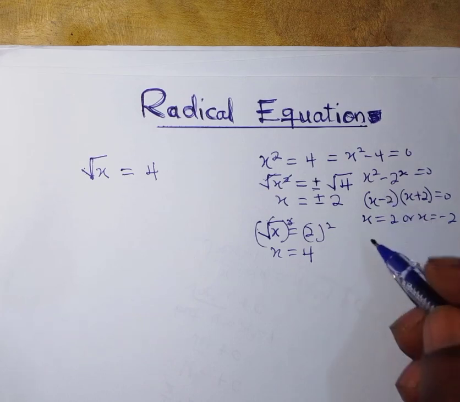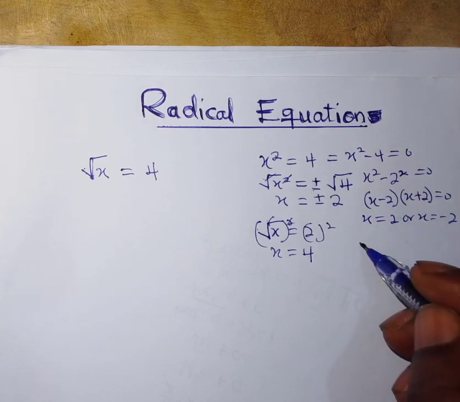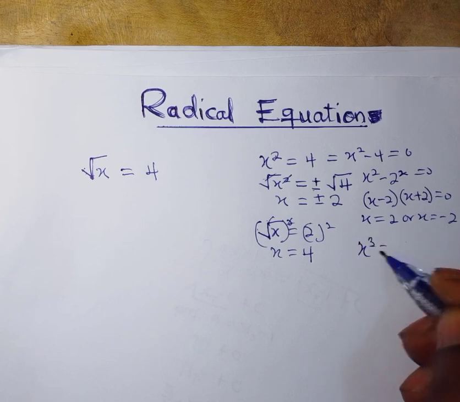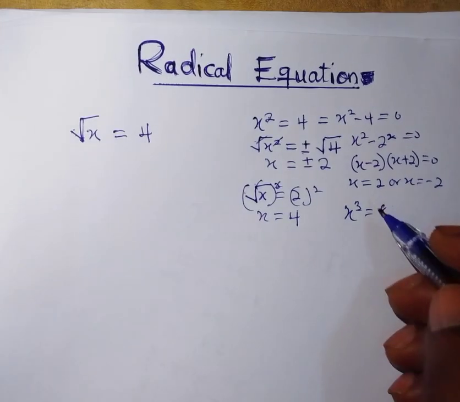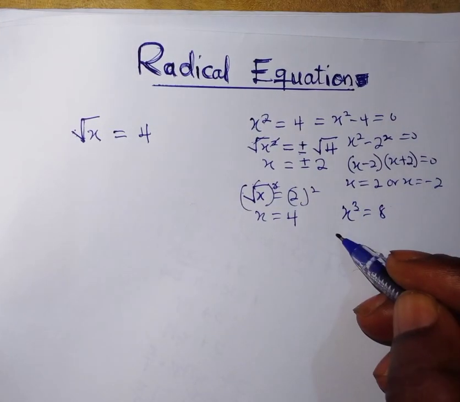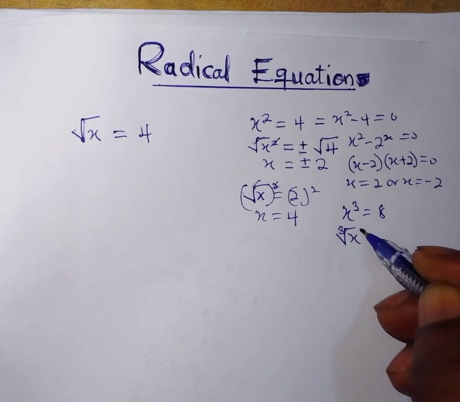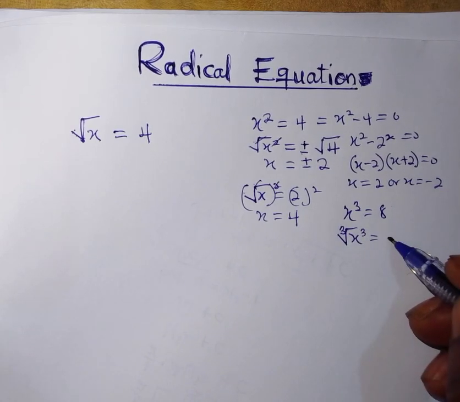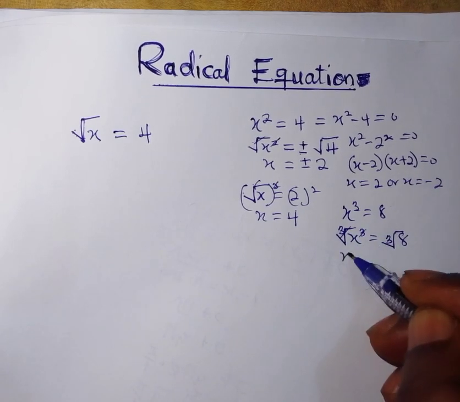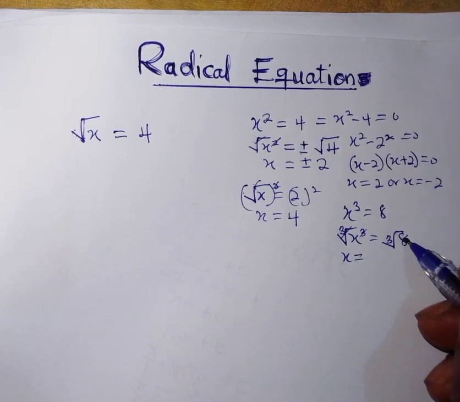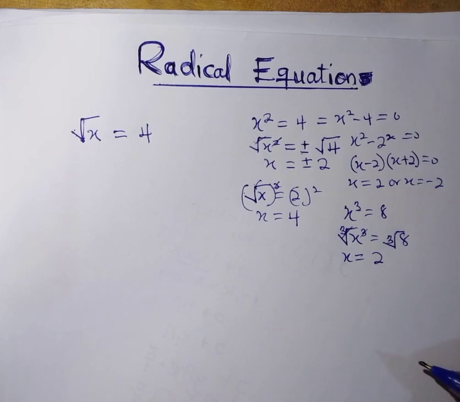All right. If I give you x cubed is equal to, let's say, 8, it means that I will have to take the cube root of this, so that this one will go, and then my x will give me what? 2. Have you gotten that? Great.